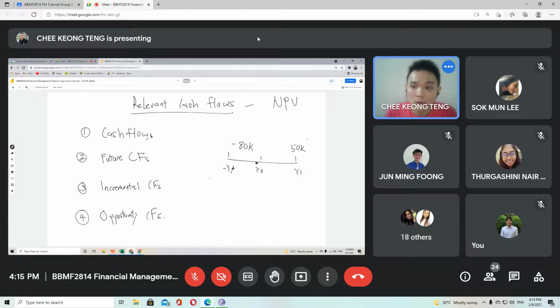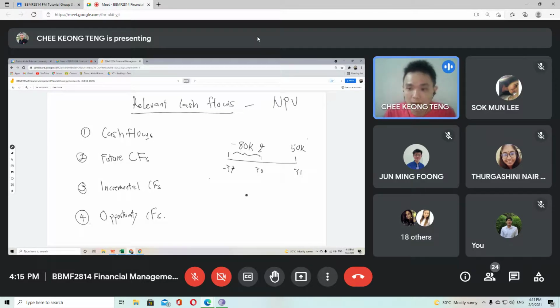Because why? We only consider future cash flows in our calculation. If you include this one, it will lead to a wrong decision. The reason is very simple. Let's say you are thinking, hey, but this one is also related to the investment, we should include it. Yes, you can include it.